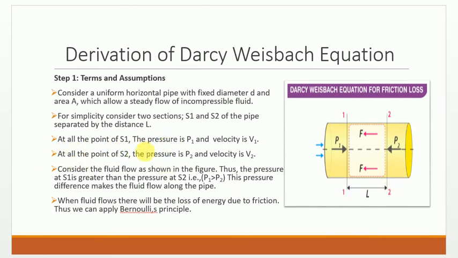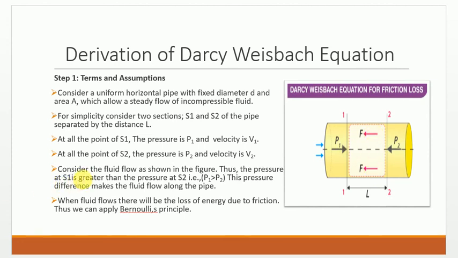At all points of section 1, the pressure is P1 and velocity is V1. At each and every point, the velocity will be V1 and pressure will be P1. At section 2, at all points, the pressure will be P2 and velocity will be V2. There won't be any change with respect to the distance.